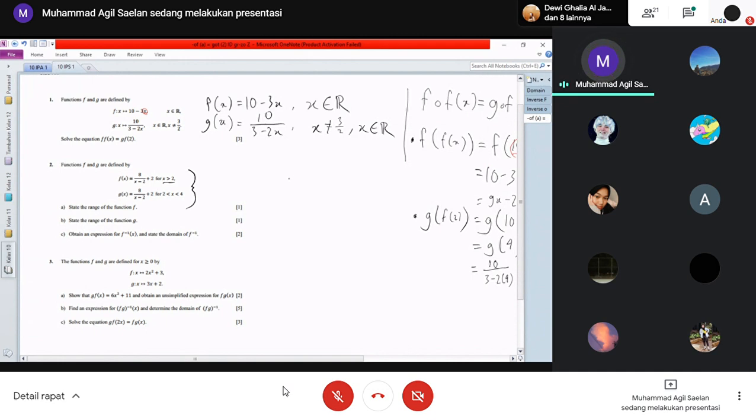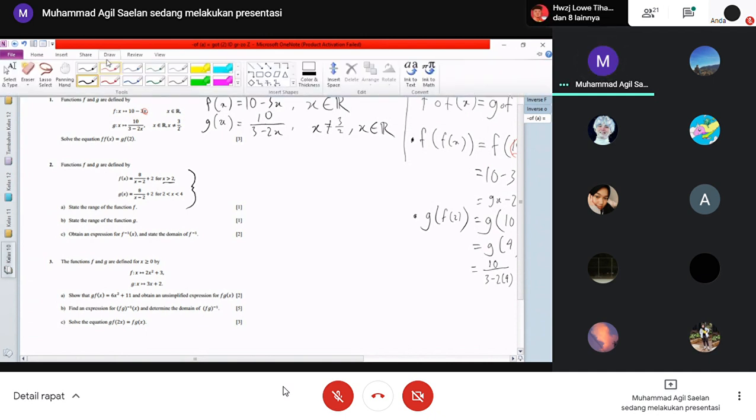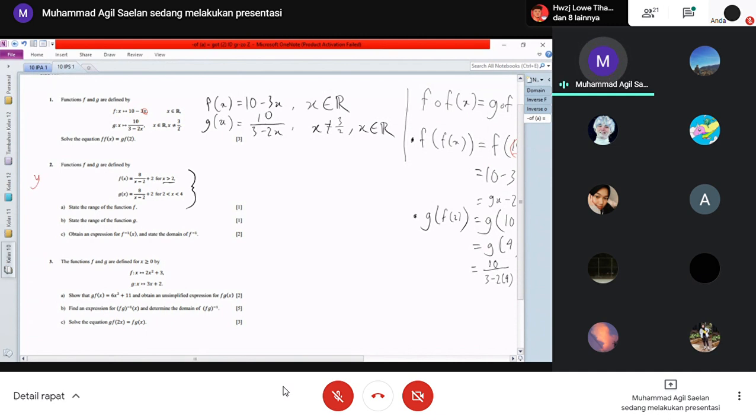For a rational function like this, the basic form is y equals 1 over x. The graph of this particular function looks like this, with the x and y axes.